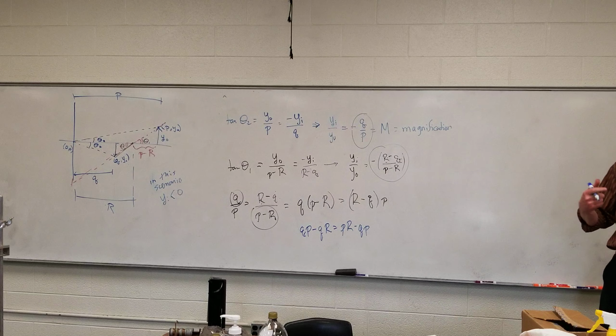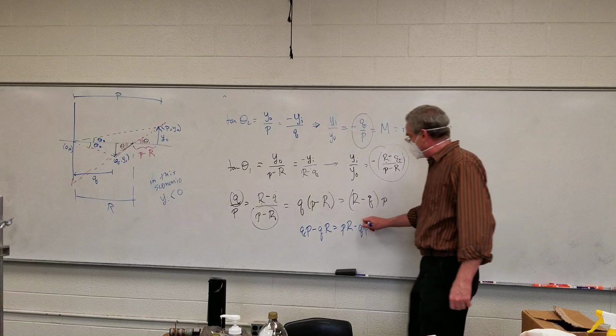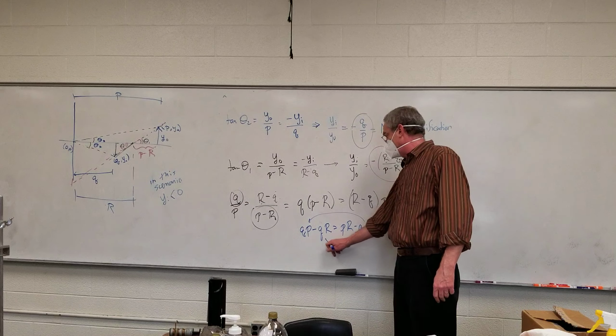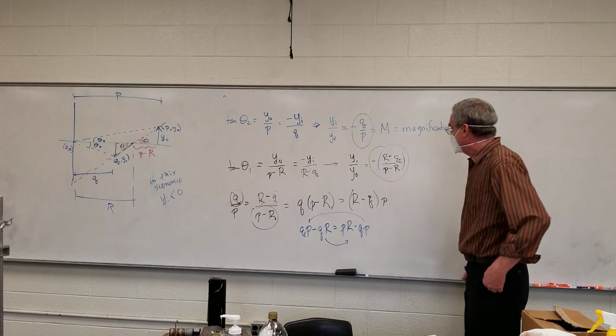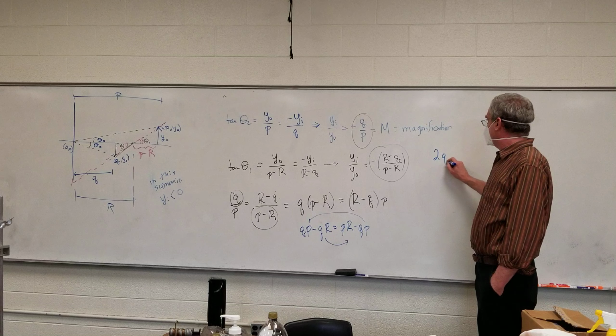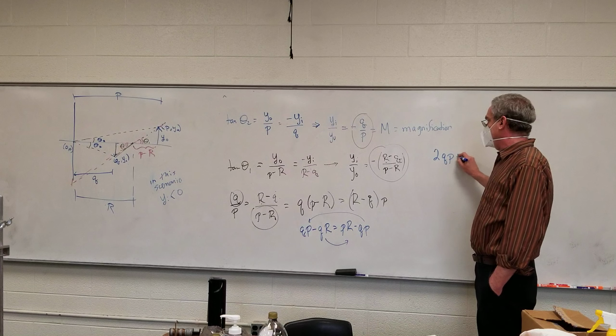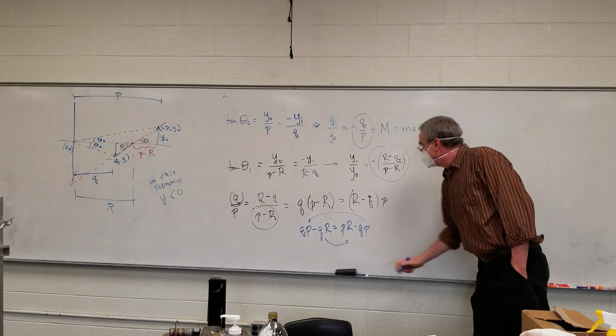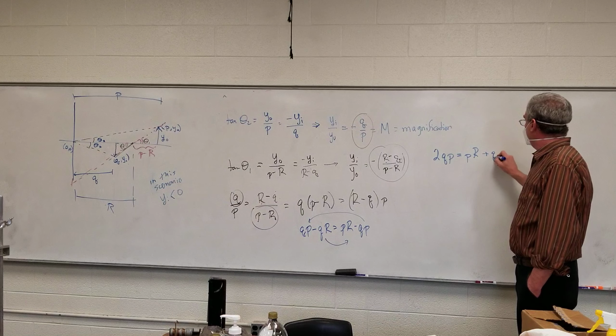Because I know how I want the formula to end up, I'm gonna bring my QP over to the left-hand side, and I'm gonna bring my QR over to the right-hand side. So what I'm left with is, on the left-hand side, 2 QP equals PR plus QR.